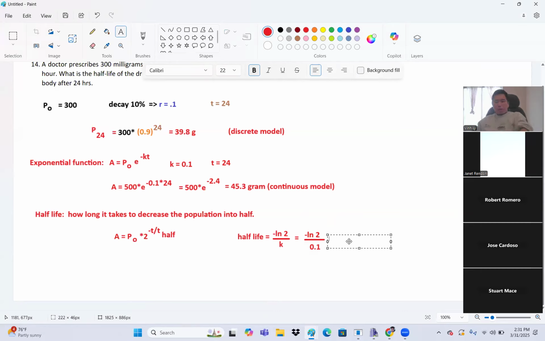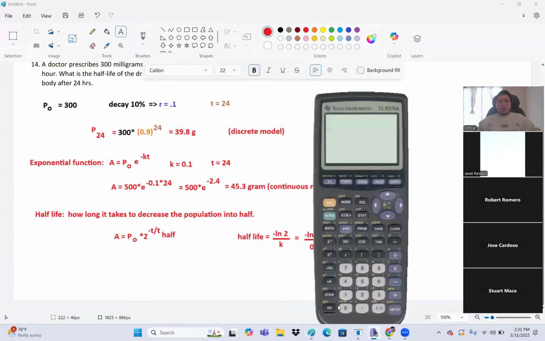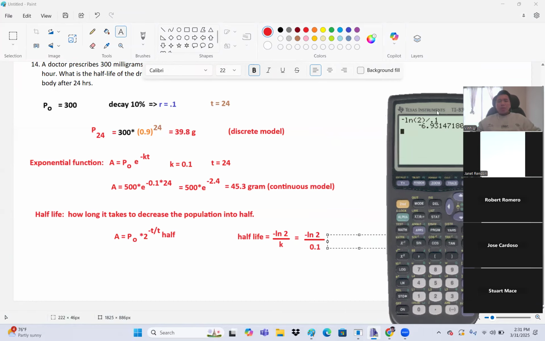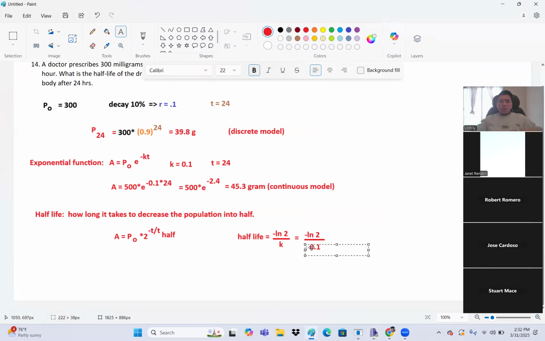We're going to plug that into the calculator. We should be able to get to the final answer. So negative ln2 over 0.1, we have the answer 6.9 something.